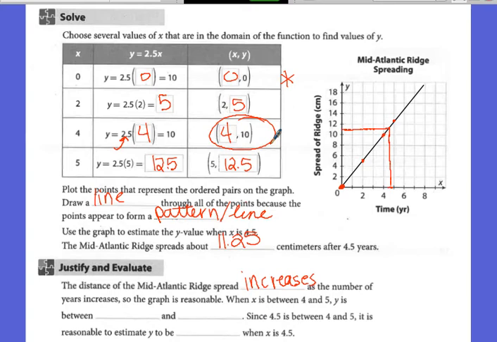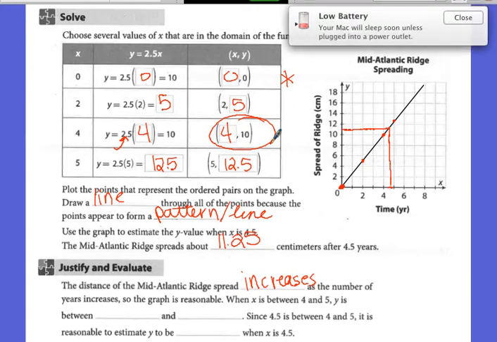All right? So when x is between 4 and 5, y, sorry about that. Oops, well, when x is between 4 and 5, y is between 10 and 12 and a half. Since 4.5 is between 4 and 5, it is reasonable to estimate y to be 11 and 25/100.